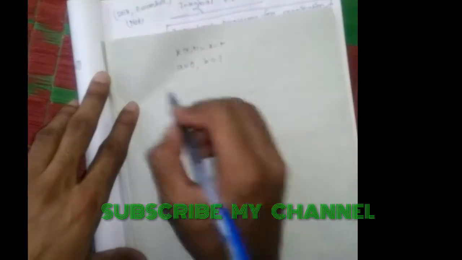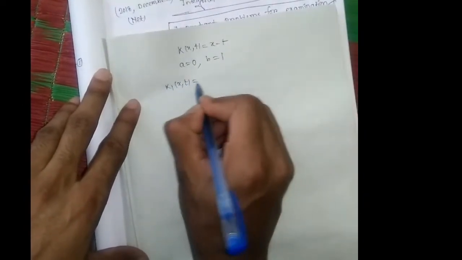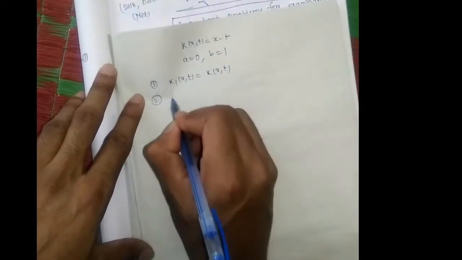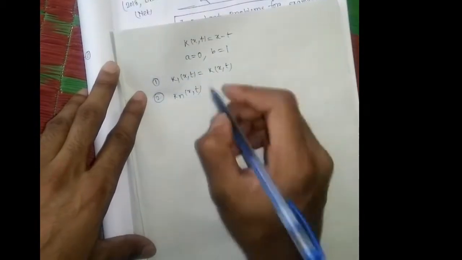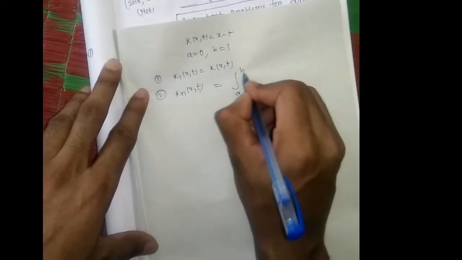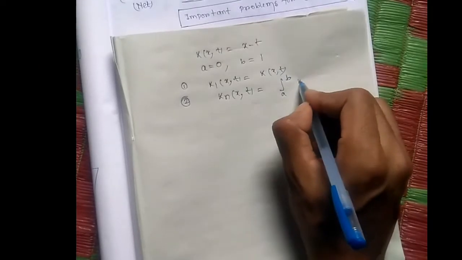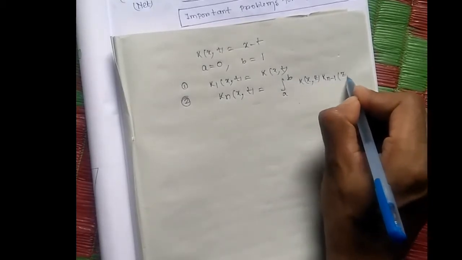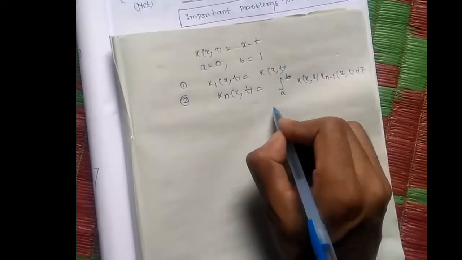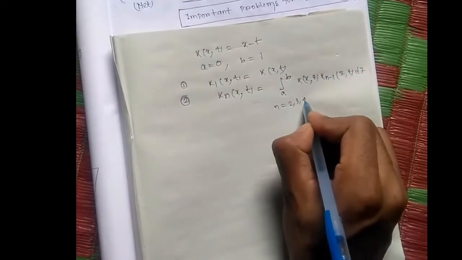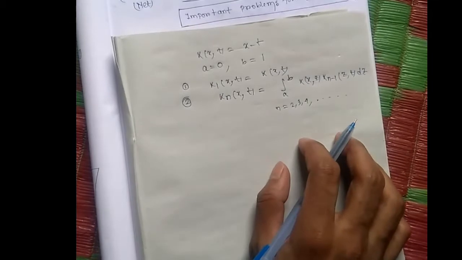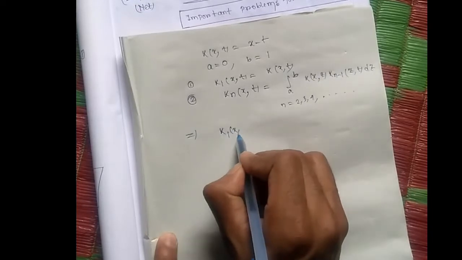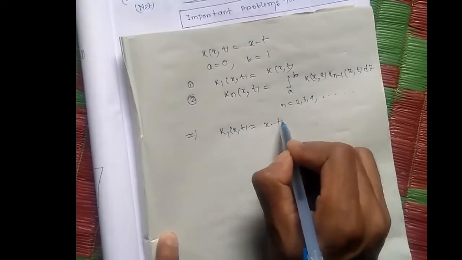We know that K1(x,t) is nothing but K(x,t), this is number 1, and number 2 is Kn(x,t), the integration from a to b of K(x,z) K_{n-1}(z,t) dz, for n equal to 2, 3, 4 and so on. So first of all, K1(x,t) is x minus t.